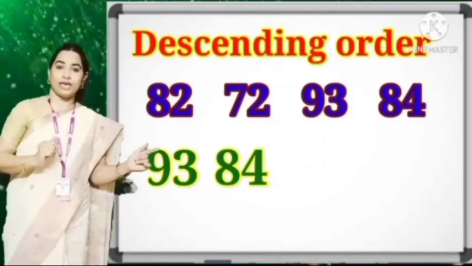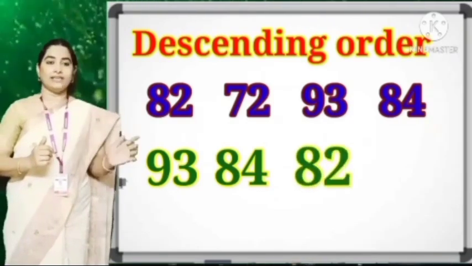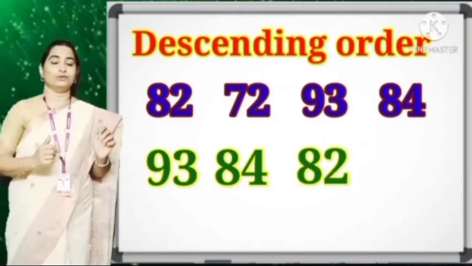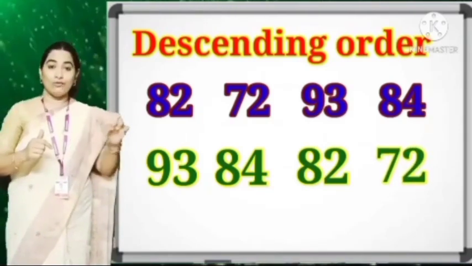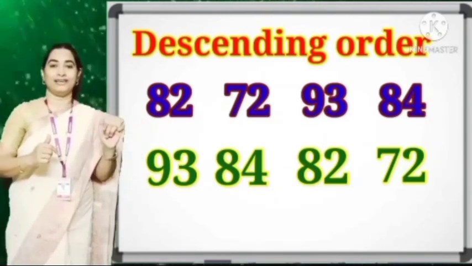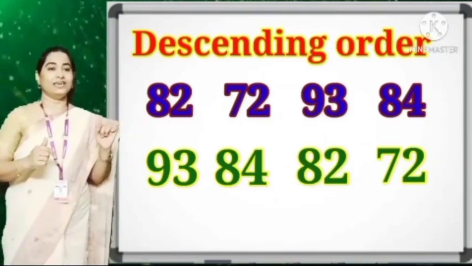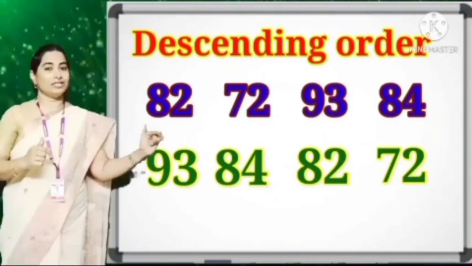Yes. Now take 84 and write. Next is 82. And next is 72. And now we have arranged the numbers from bigger to smaller. Yes. 93, 84, 82, 72.